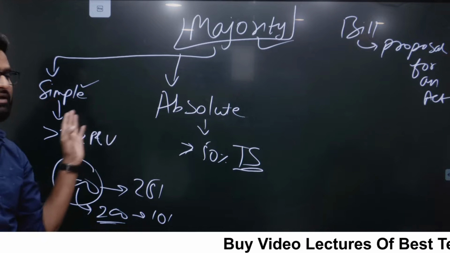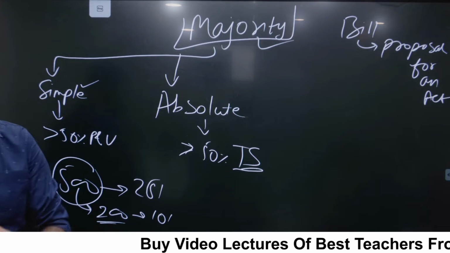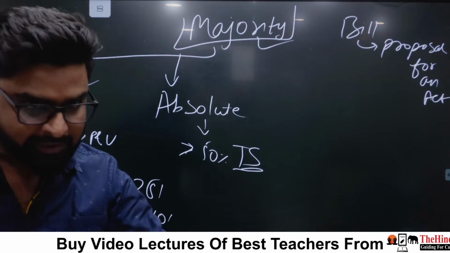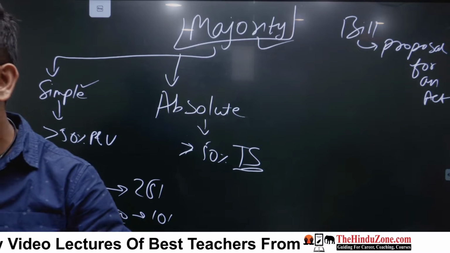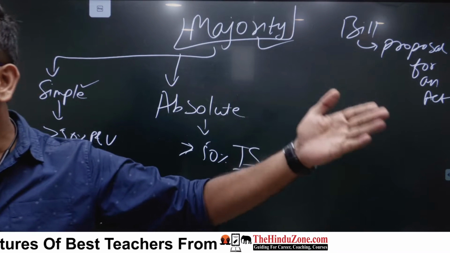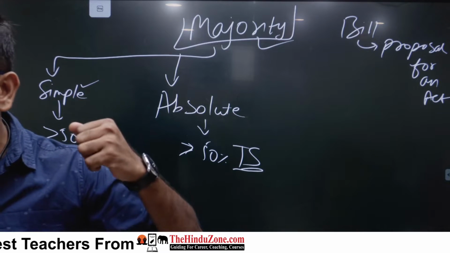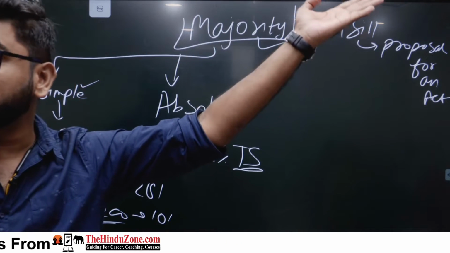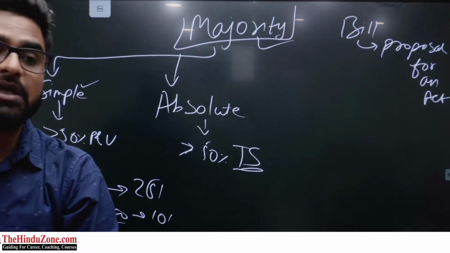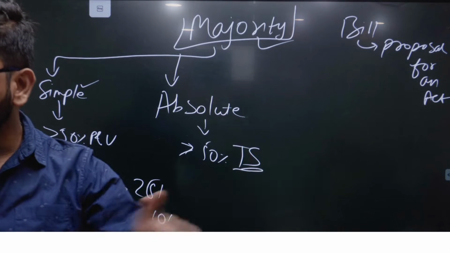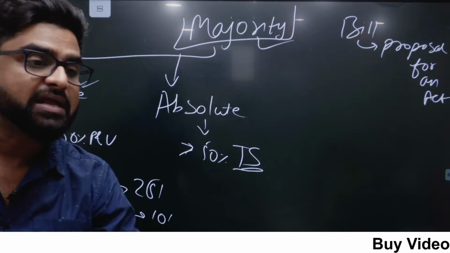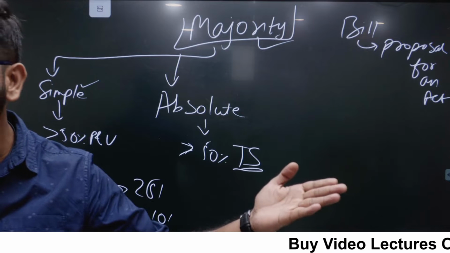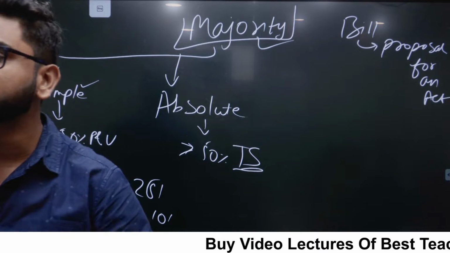Now, why have we done this kind of thing? To ensure that the constitution can be amended, of course, we have to amend the constitution. It was adopted in 1950. The problem is, it is a law of 1950. We live in 2022. So it's a long time. In this long time, a lot of things have happened. At that point of time, nobody imagined that we would have Google kind of services.